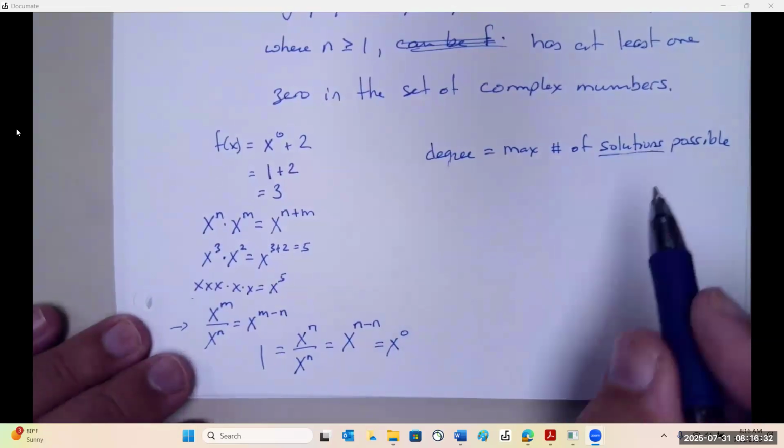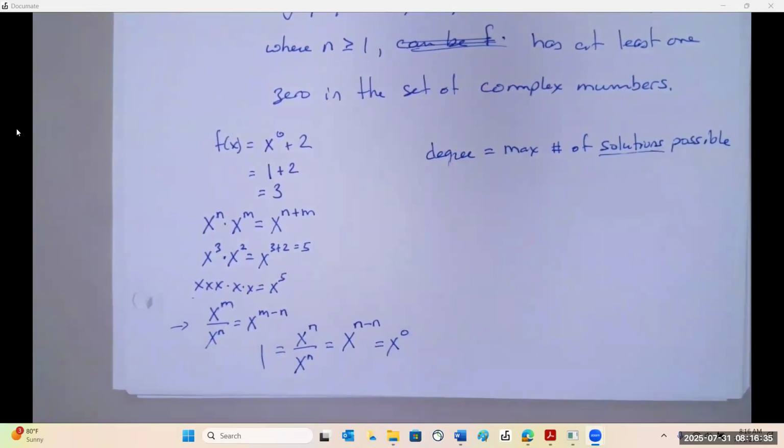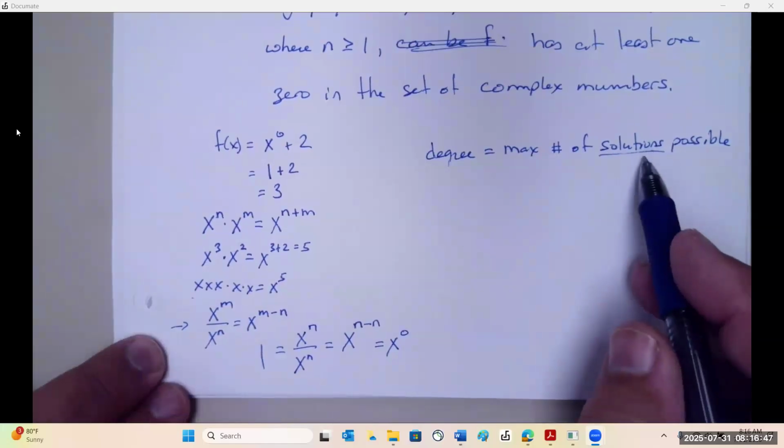And what are the other words that we can use instead of solutions? Zeros, factors, x-intercepts, and roots. So those are all the words for that.